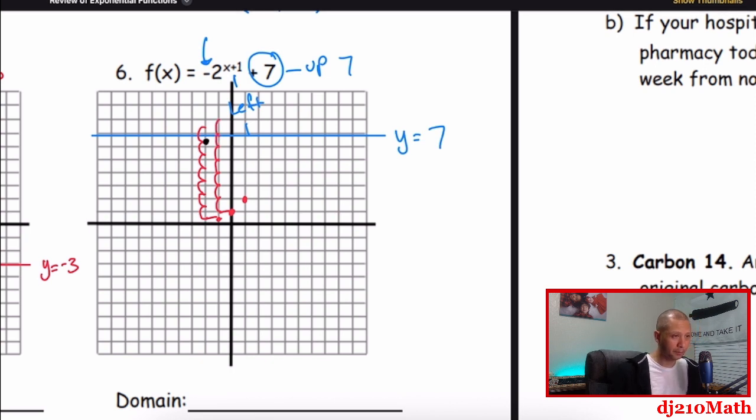So left 1, up 7, but then reflected down. You kind of see where this is going. So notice this one is 2 above the horizontal asymptote. So we need to go 2 below the horizontal asymptote.